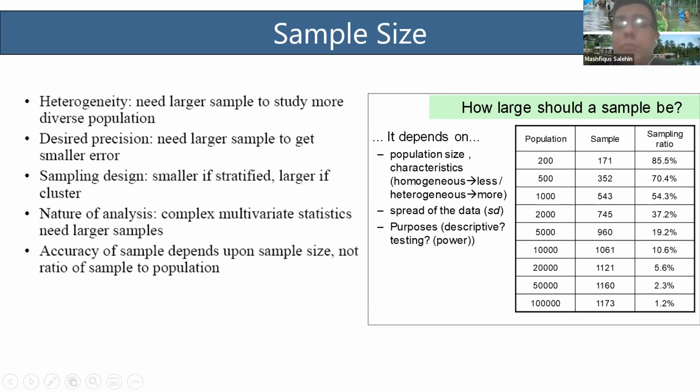You can see from this table. For example, for a population of 2,000, you may need a sample of 745, while for a population of 50,000, you may need a sample of 1160. So your sampling ratio goes down with the increase of your population size.